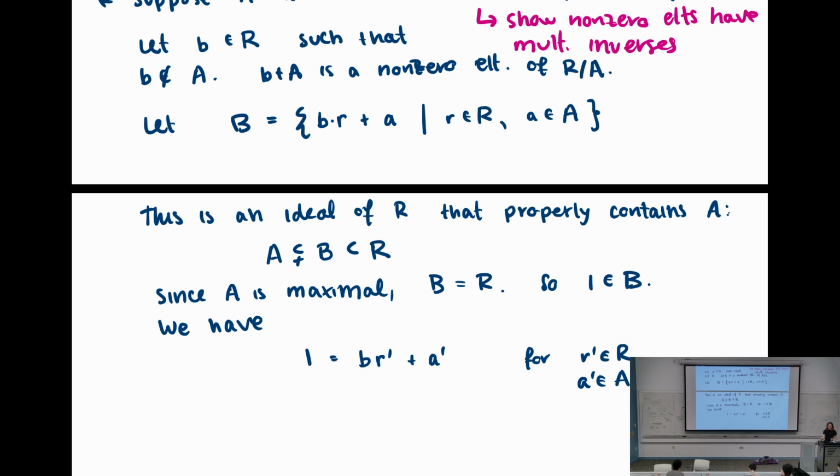Okay, so now, what have we been looking for? We want the multiplicative inverse of this thing. And I claim now we have it. So let's take b plus A and multiply it by r prime plus A and see what happens.